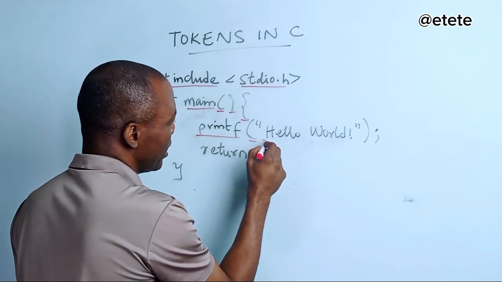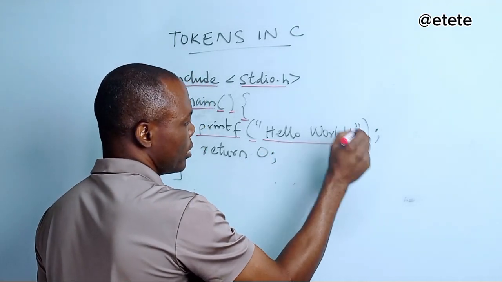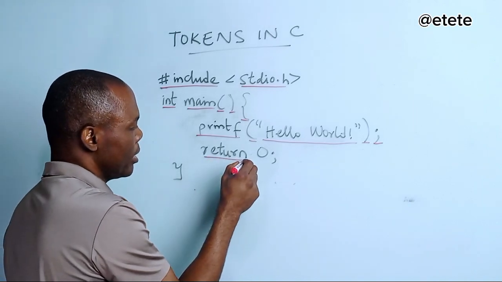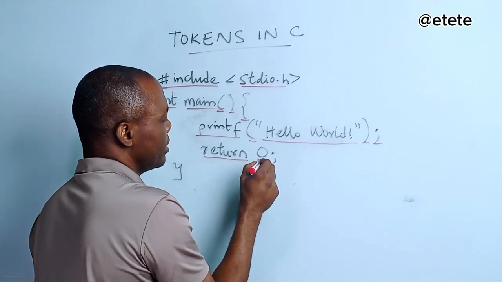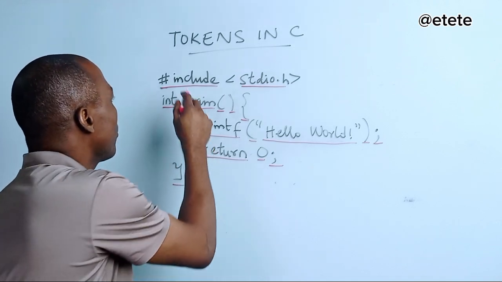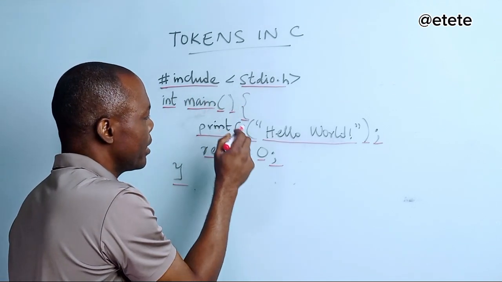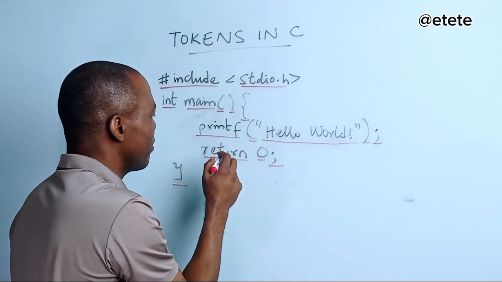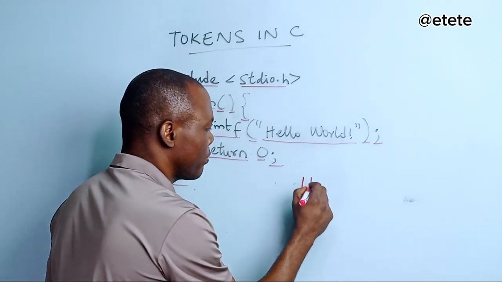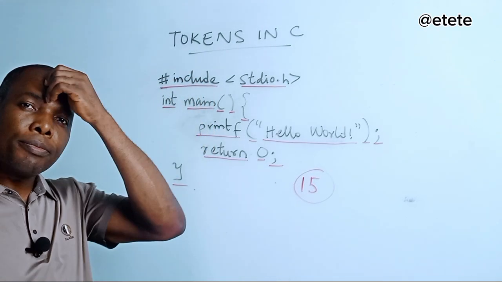This is a token. Then the whole of this is a token. Then this one is another token. This is another token. Then this is a token, right? This is a token. This is a token, and then this is a token. So how many? 1, 2, 3, 4, 5, 6, 7, 8, 9, 10, 11, 12, 13, 14, 15. So we have a total of 15 tokens in this small program.